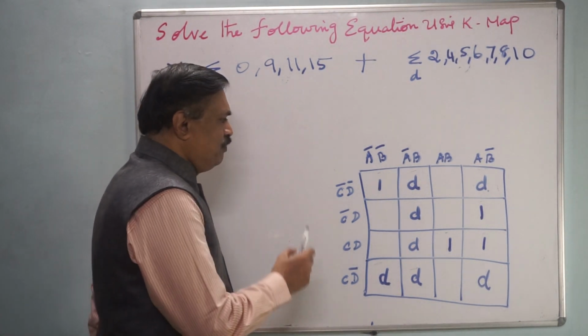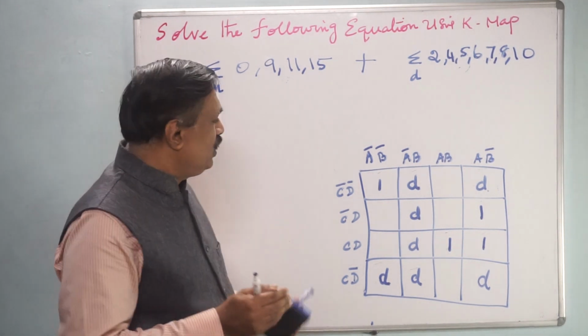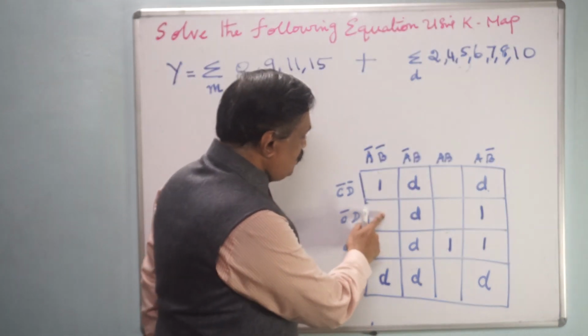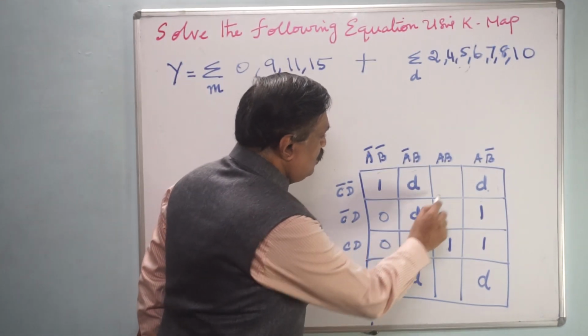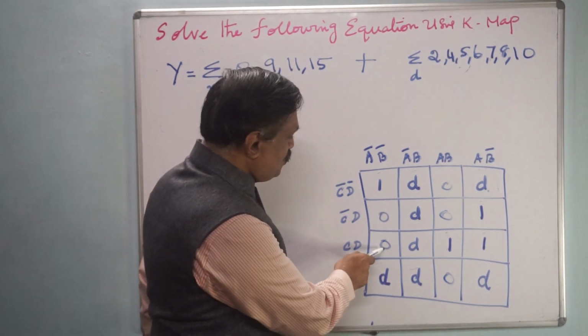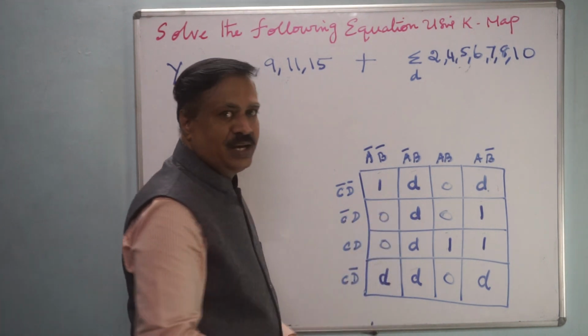See how we have to reduce. We have to go for a grouping of ones. Here this is the only one, and here there is no one, so you fill 0, 0, 0, 0, 0. Here there is no one, but here D's are there.